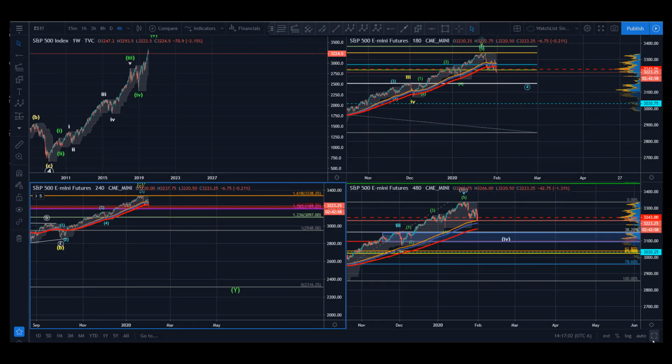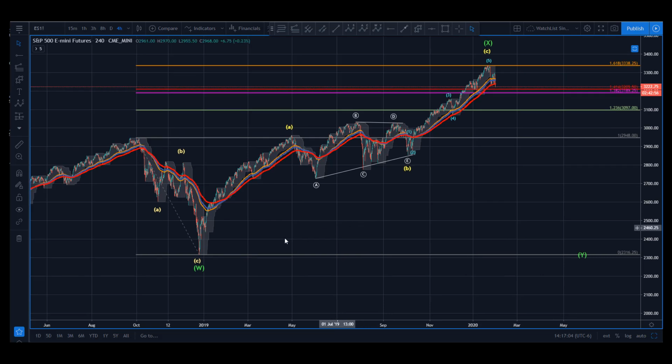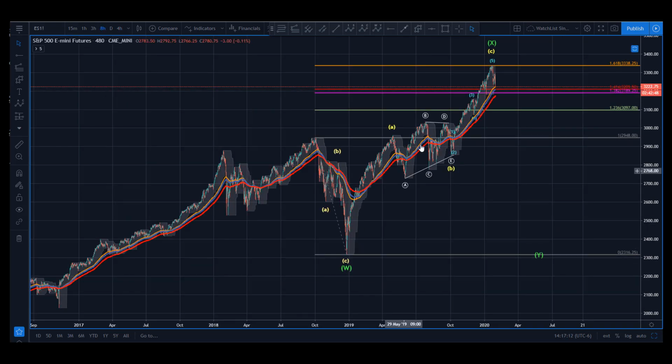So let's look at the alternate. This was proposed by a member, and I've seen this count floating around. For this count to be valid, let me pull back out to an 8 hour. You'd need to be interpreting this as a sideways combination. Technically, it's valid.